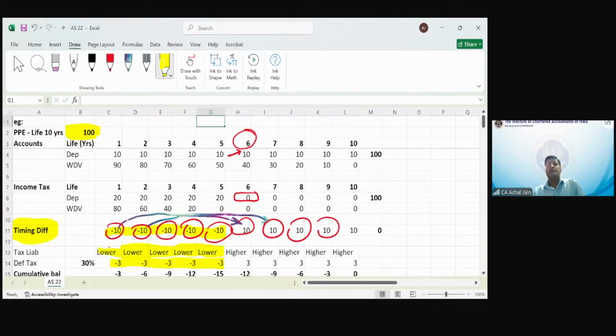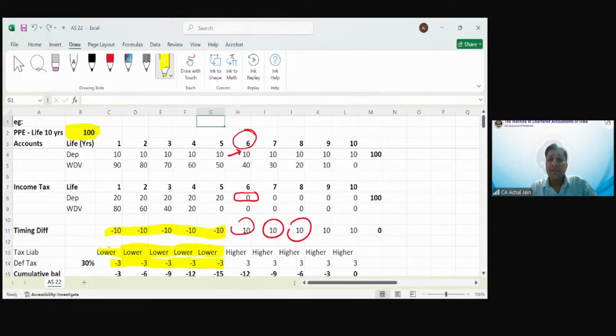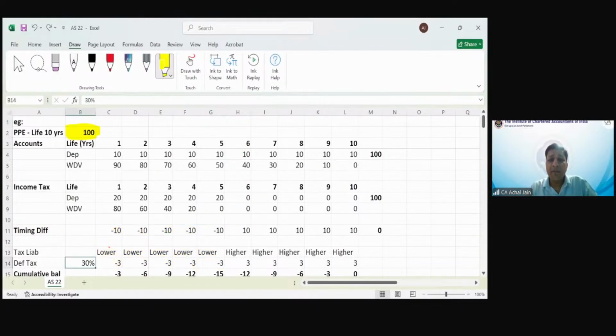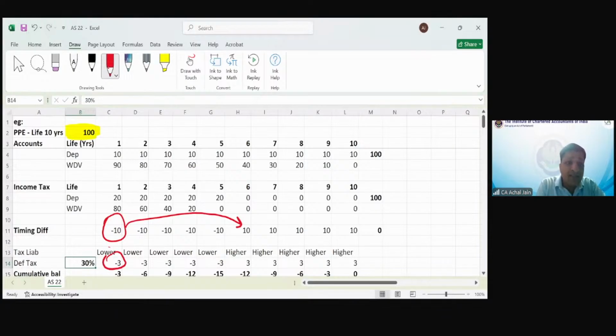Now, in the first year, when I paid lower tax, I knew that this lower tax will be required to be paid by me in future. Yes or no? So this 3 which I didn't pay in the first year, I knew I'll have to pay this in the subsequent years.